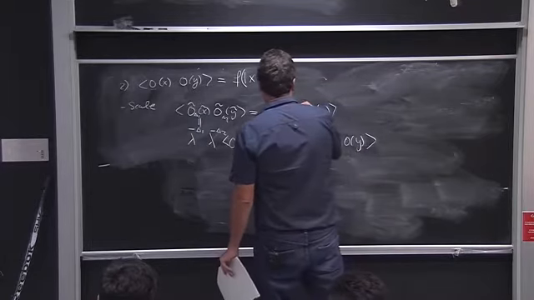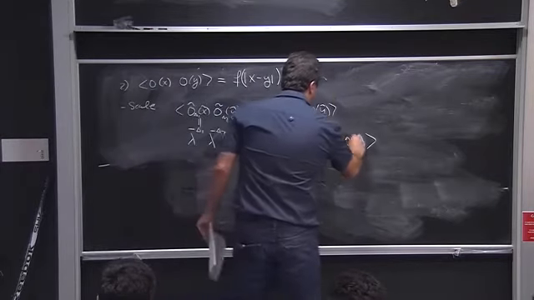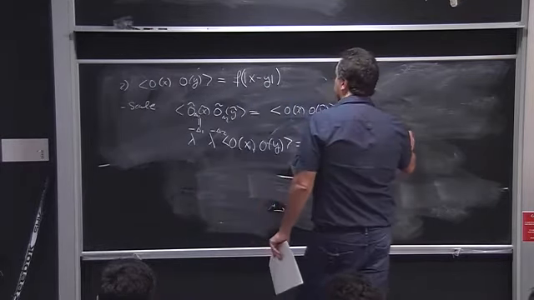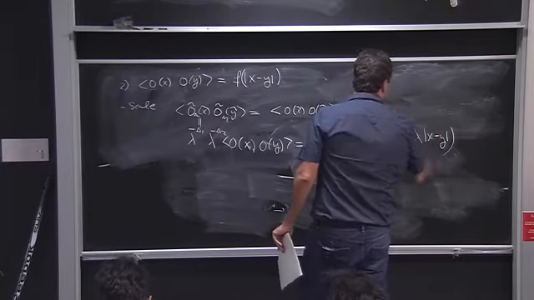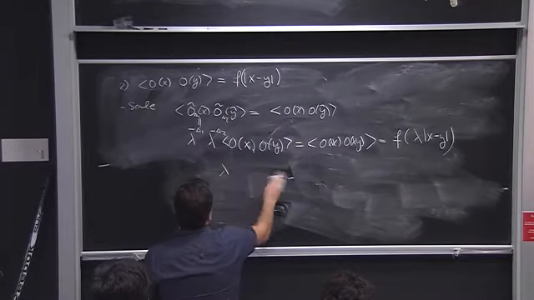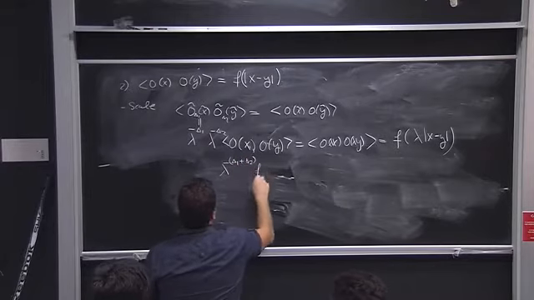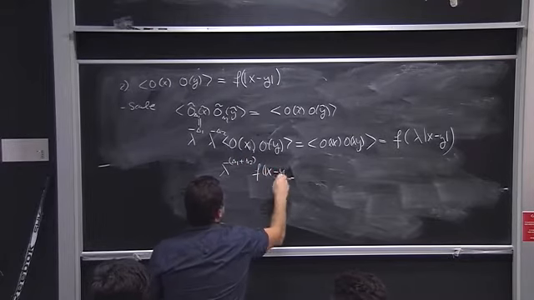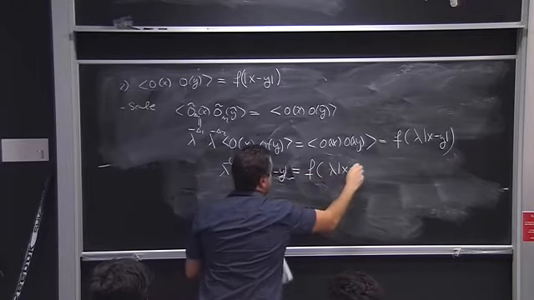You just have to scale this, right? So this is the same as f of lambda (x minus y). So we get the constraint that lambda to the minus (delta 1 plus delta 2) f(x minus y) equals f(lambda (x minus y)).